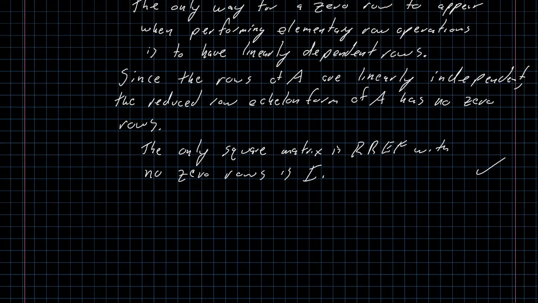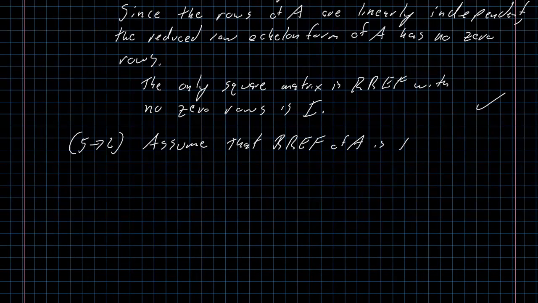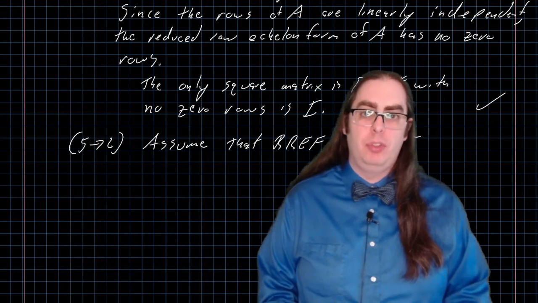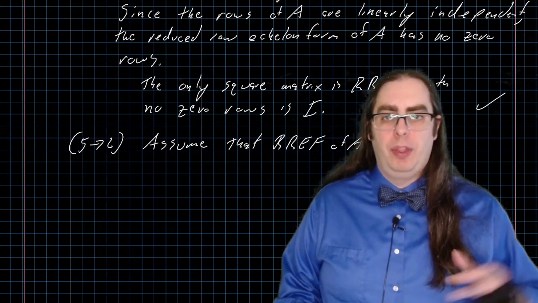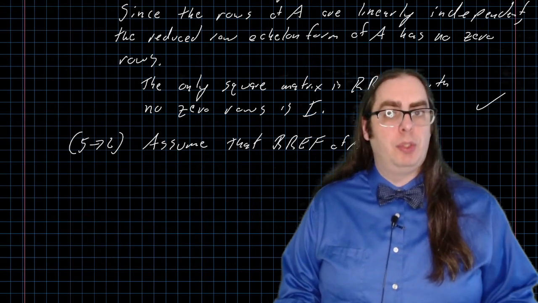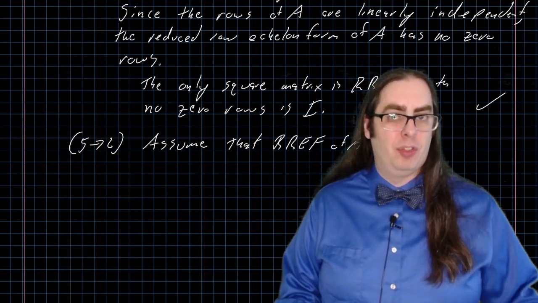And then one last step. Assume that the reduced row echelon form of A is I. The process we have for finding the inverse of a matrix comes down to this: put the augmented matrix up with the matrix we care about on one side, the identity matrix on the other, perform elementary row operations, get to the end where we have the identity matrix on one side and the inverse on the other.